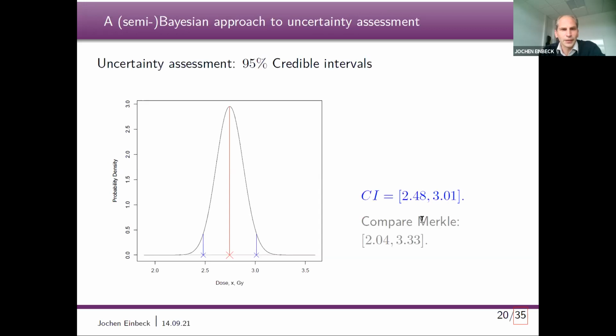If we look at a credible interval, we see that here in a Bayesian context, we can actually say that the dose with 95% probability lies between these two blue bounds. They're actually vertical lines. It's a bit of an optical illusion that they seem twisted. So with 95% probability the dose comes to lie in this interval.